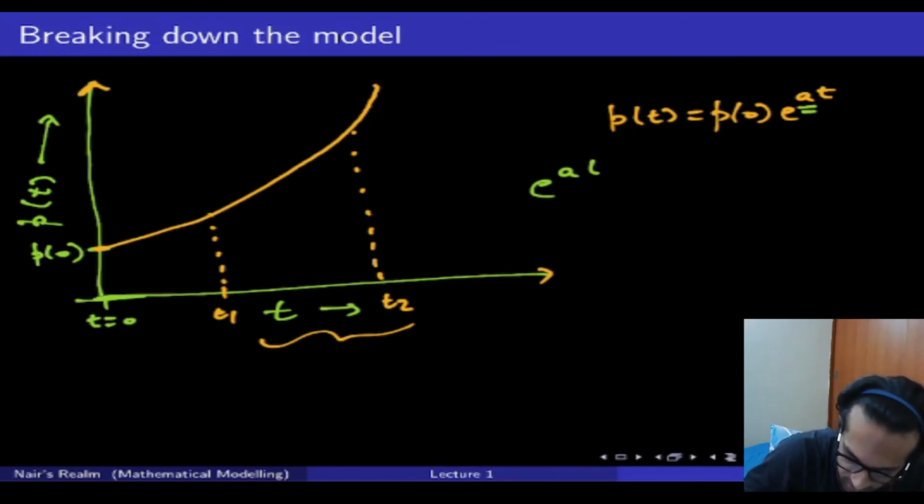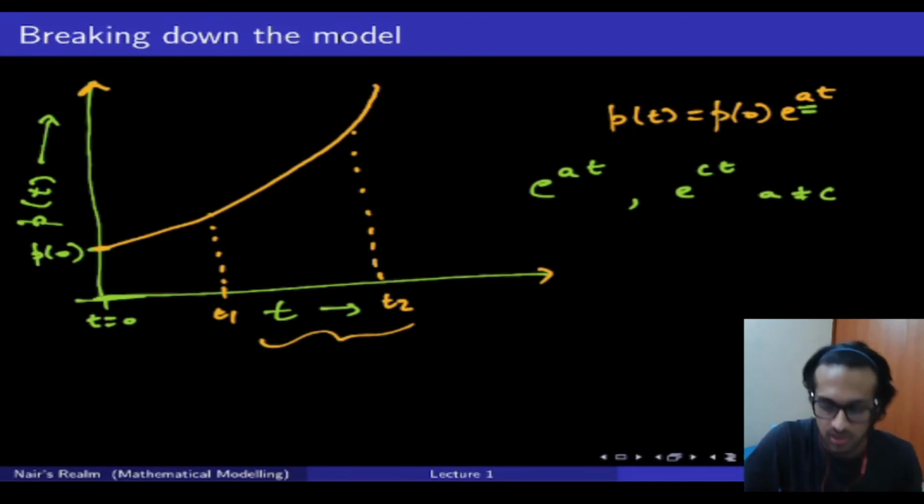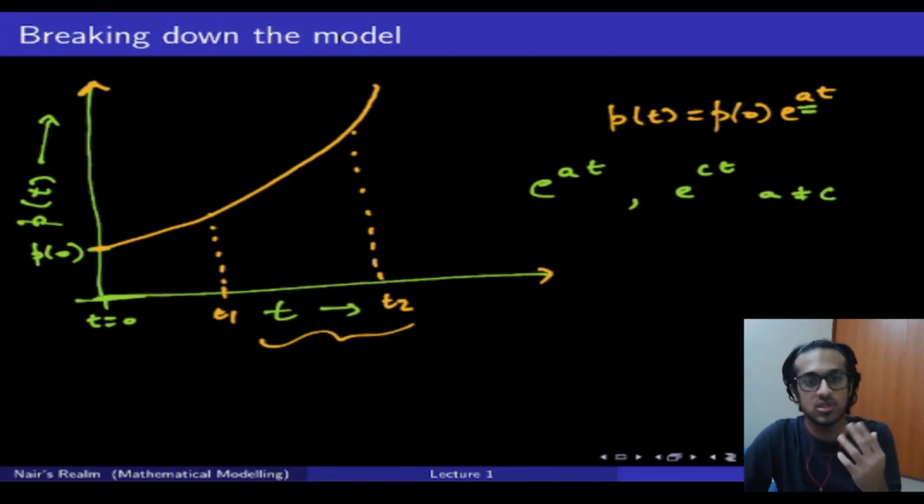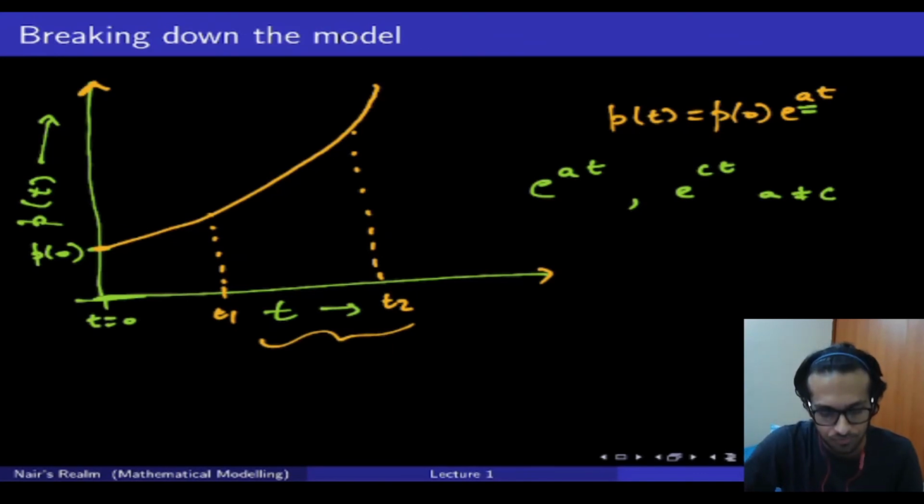So let's say I have e power at, and let's say I have e power ct, and a is not equal to c, just to be clear. Now a and c give you the rate at which the exponential curve is either growing or decaying. So if a and c are negative, it will be decaying. If a and c are positive, it will be growing.